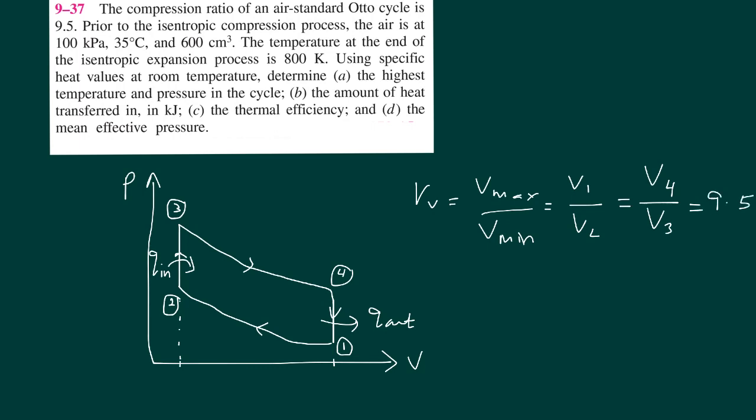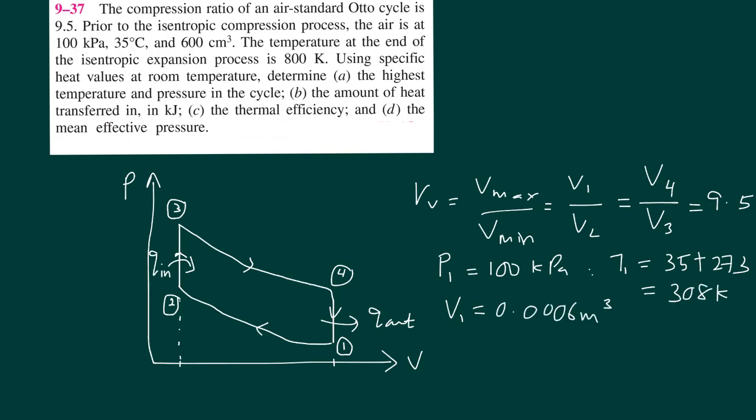And there are other properties given to you, which is at state 1 your P1 is 100 kilopascal, and your temperature T1 is 35 degrees C. This one you need to change into Kelvin, and also you were given the volume where your V1 is actually 600 centimeter cube, or if we change into meter, it's going to be 0.6 meter cube.